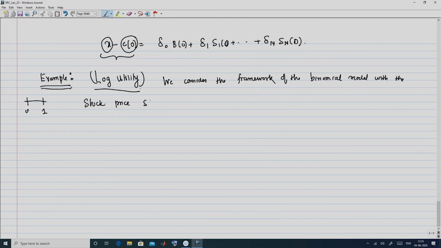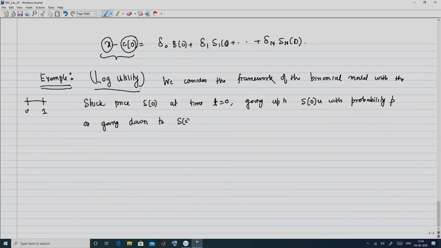With the stock price S0 at time t equal to 0, going up to S0 into u with probability p, or going down to S0 into d with probability q, which obviously is 1 minus p, and these values can happen at time t is equal to 1.